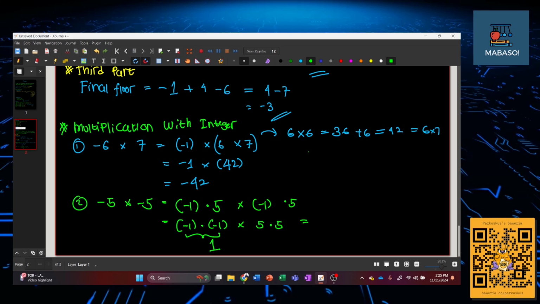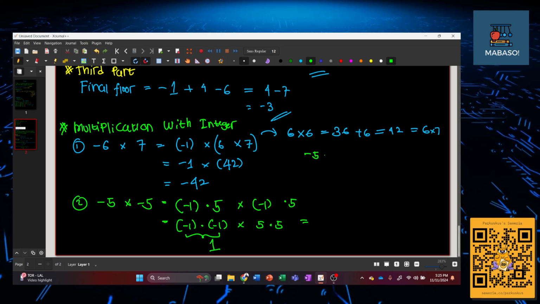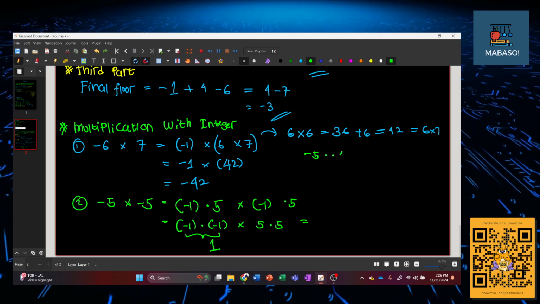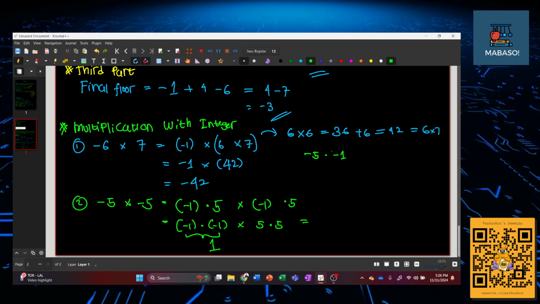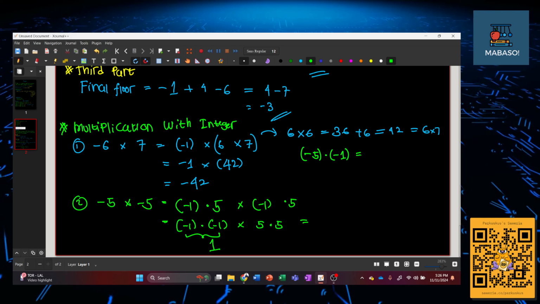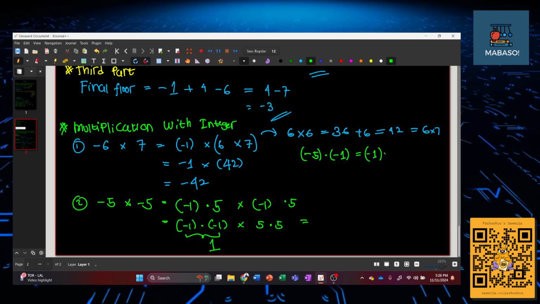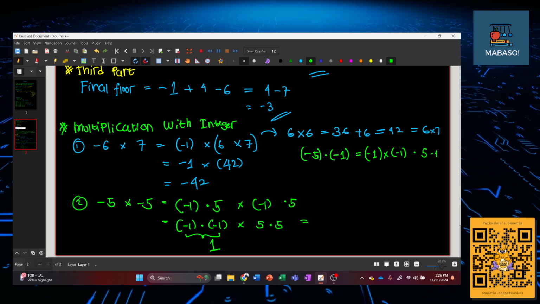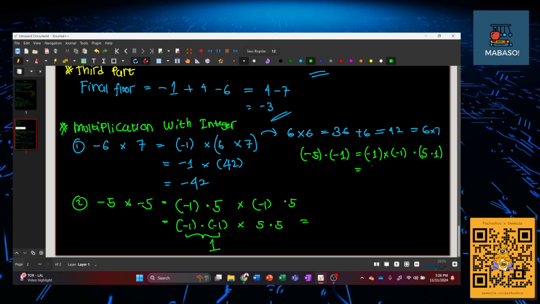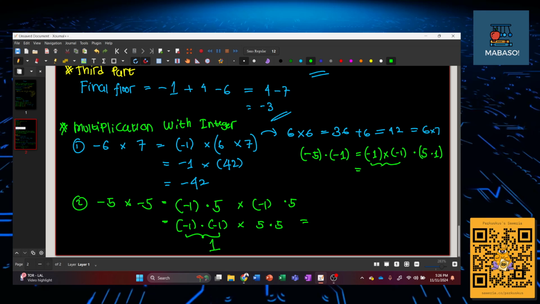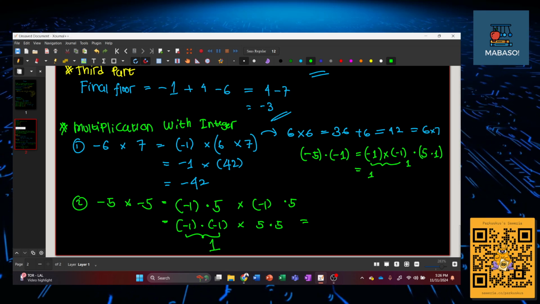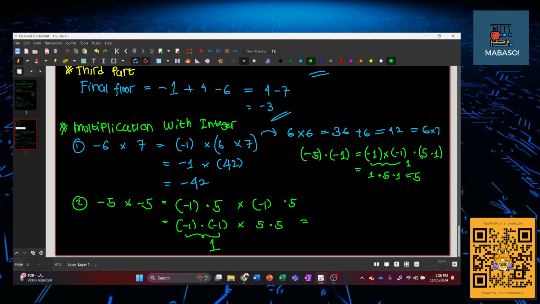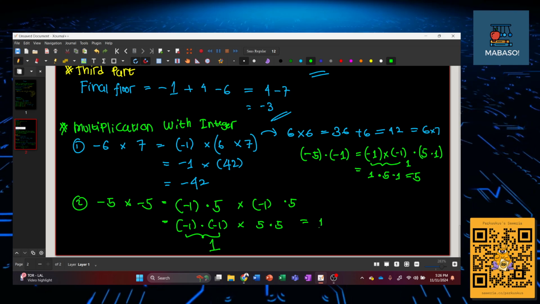So if I have minus five times minus five, or minus five times one times minus one, this is just the same as minus 1 times minus 1, and then you multiply it by 5 times 5. Negative times negative will be 1.